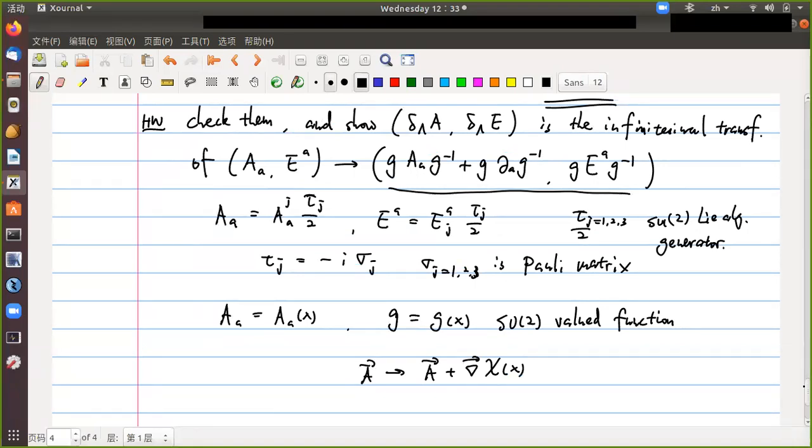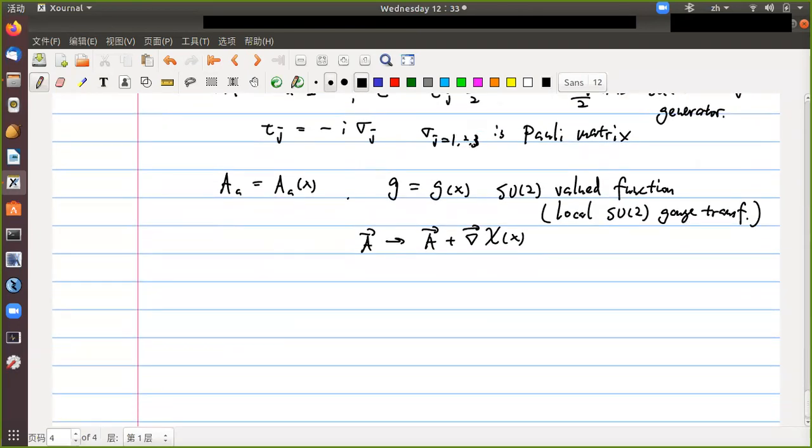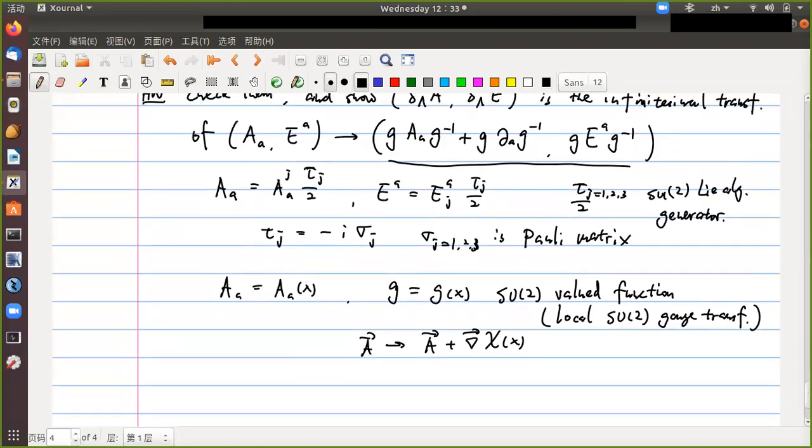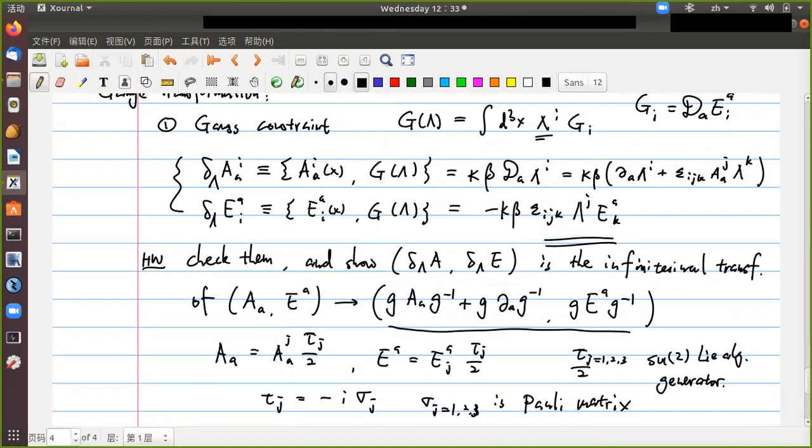This is called a local SU(2) gauge transformation.